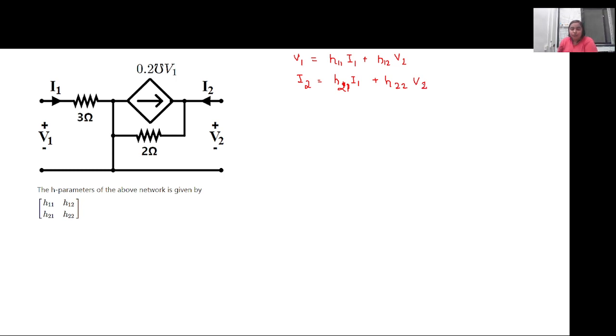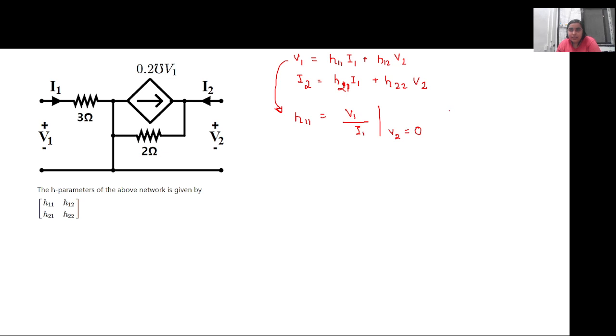As I showed at the start, to calculate H11, it is V1 by I1 with V2 equal to 0. So if we short circuit the voltage source, we can calculate H11. In this way we can individually calculate each parameter by applying the respective condition.